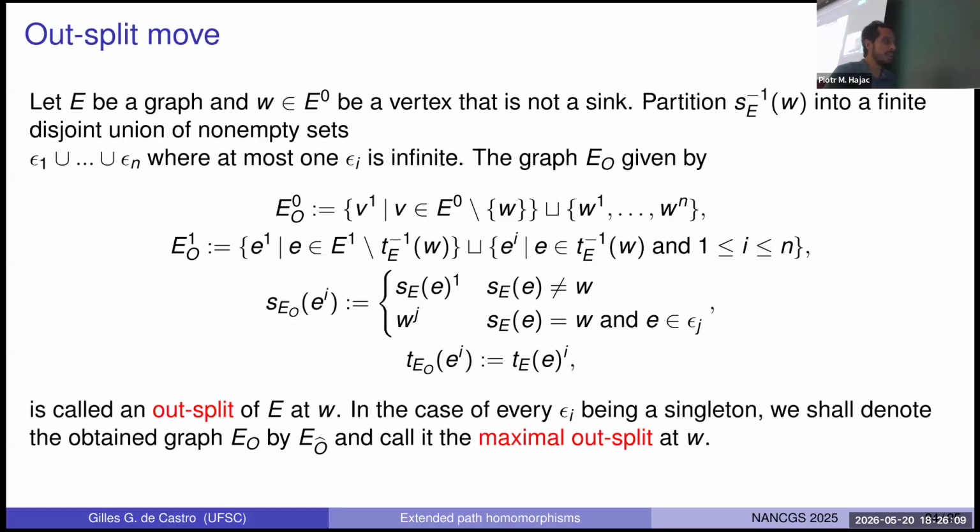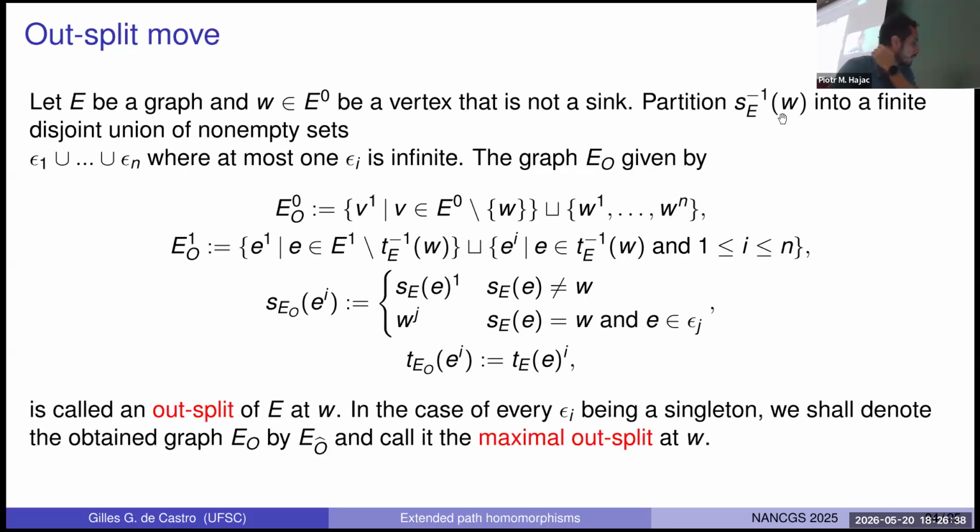And the idea is that we take a vertex w which is not a sink, and we look at all edges leaving w. And then we take a partition of this set into a finite disjoint union of non-empty sets. So this w is not a sink, but it could be an infinite emitter.